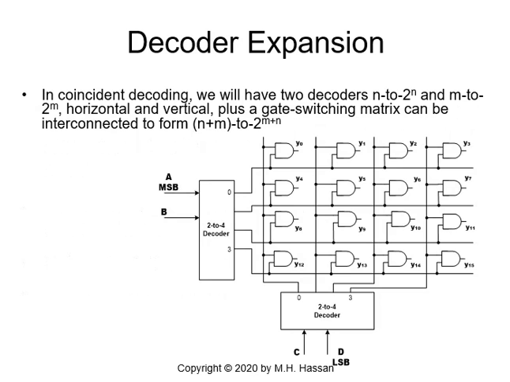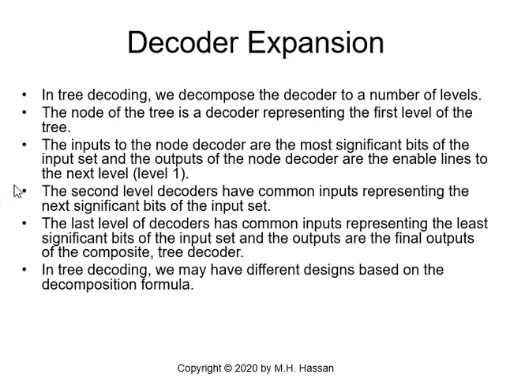Let's look at what we call a tree decoding. In a tree decoding, we decompose the decoder into a number of levels. The node of the tree is a decoder representing the first level of the tree. The inputs to the node decoder are the most significant bits of the input set, and the outputs of the decoder are the enable lines to the next level.